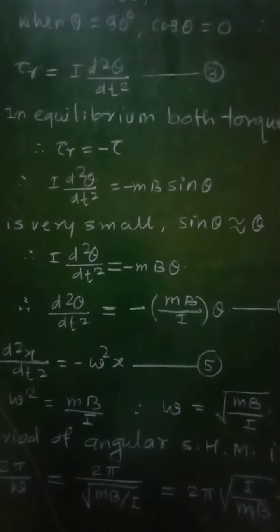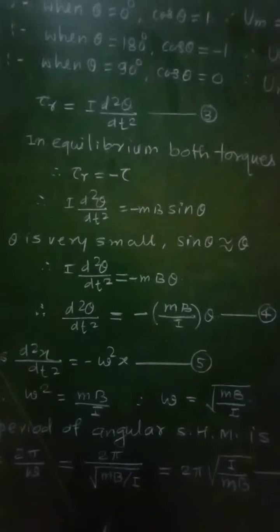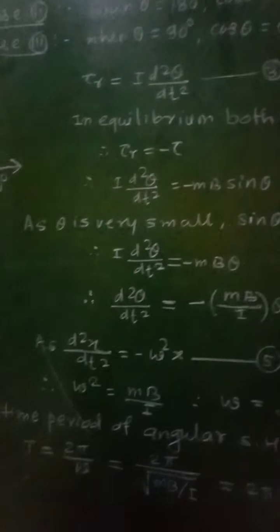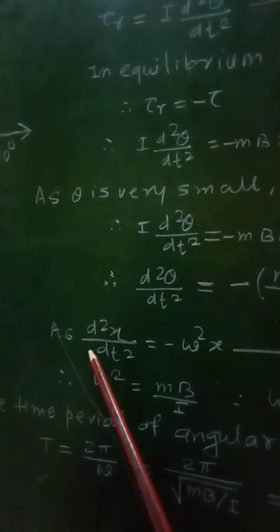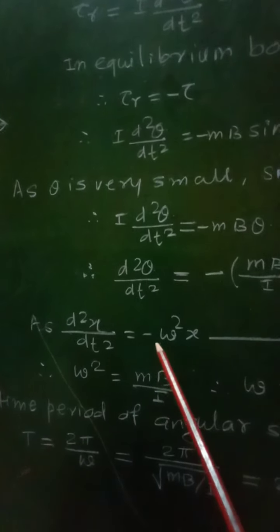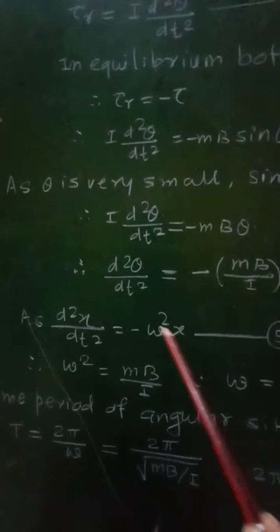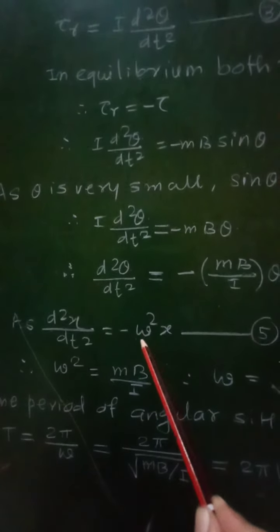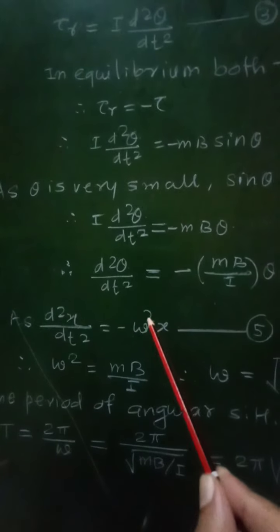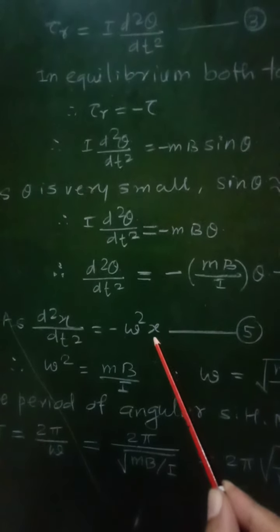As it is angular displacement, in case of linear motion we can write d square x by dt square equal to minus omega square x. This represents linear acceleration, where omega square is constant, and into x is there.